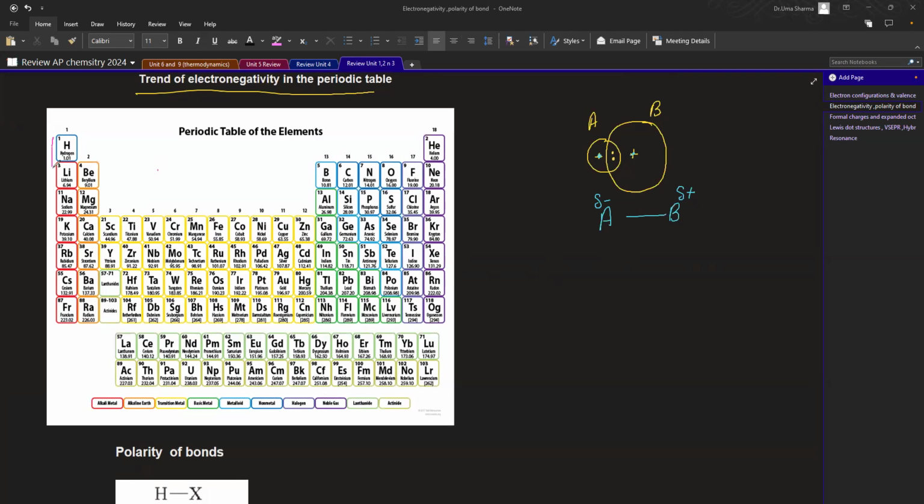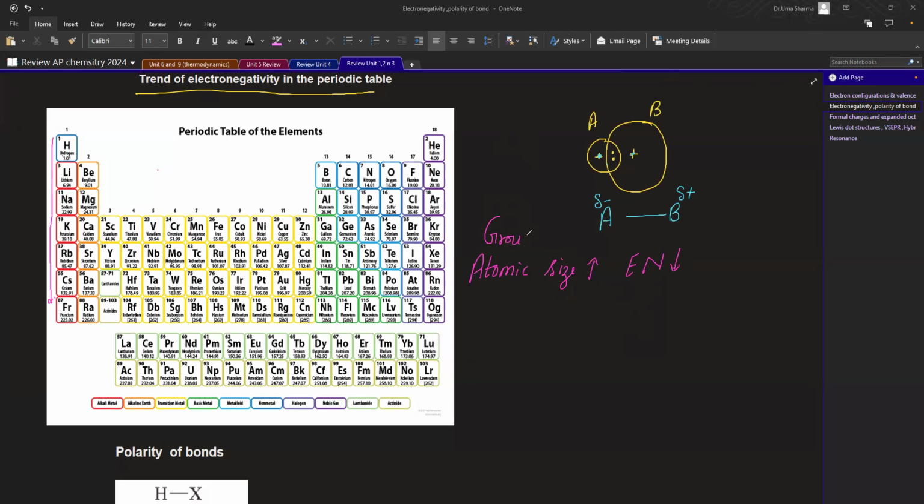Now let's have a look here. What happens to atomic size down the group? Atomic size down the group increases. So if atomic size down the group increases, what happens to electronegativity? Yes, it decreases. That is down the group.